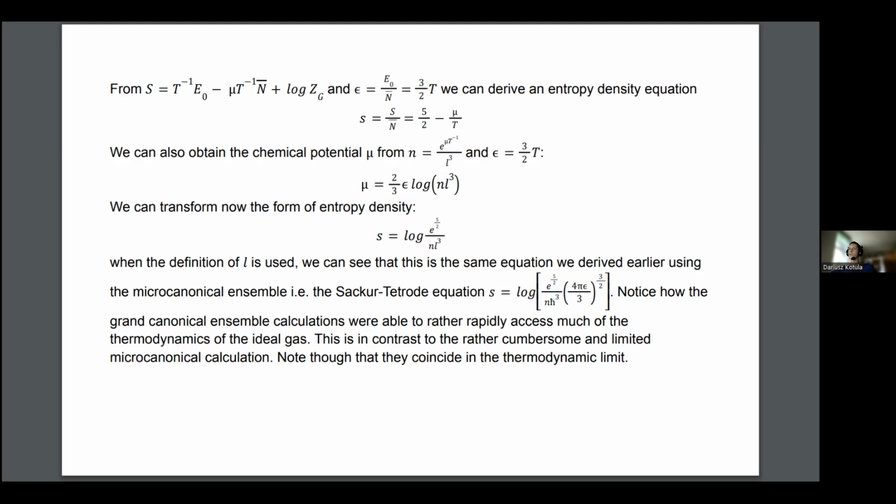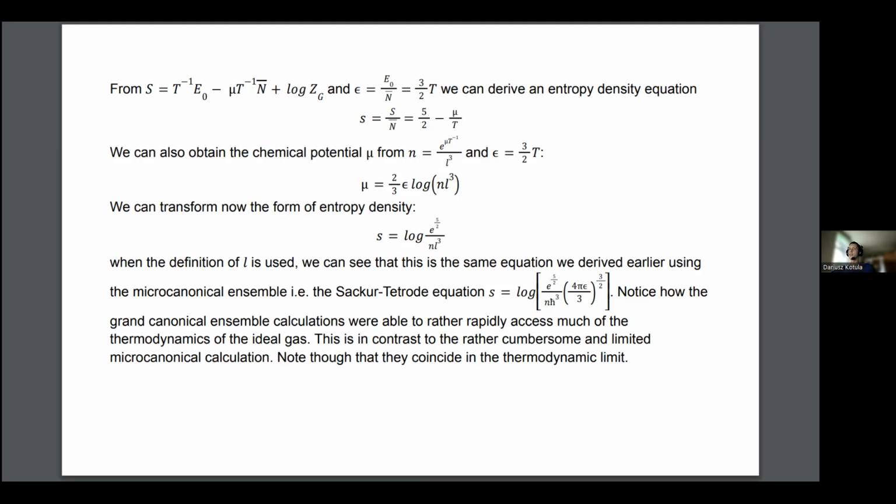We can now transform the form of entropy density to the logarithm of e to the power of 5 over 2 divided by n times L cubed. When the definition of L is used, we can see that this is the same equation we derived earlier using the microcanonical ensemble, the Sackur-Tetrode equation.